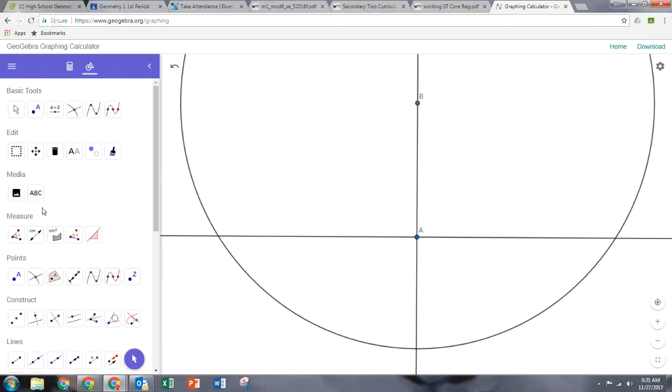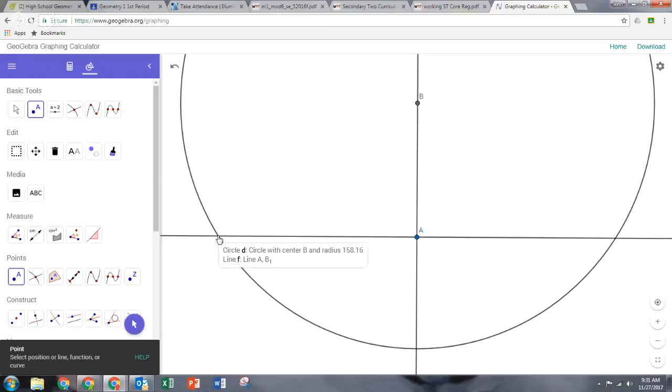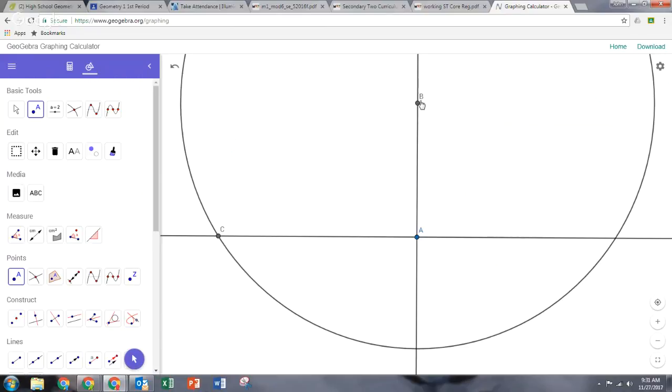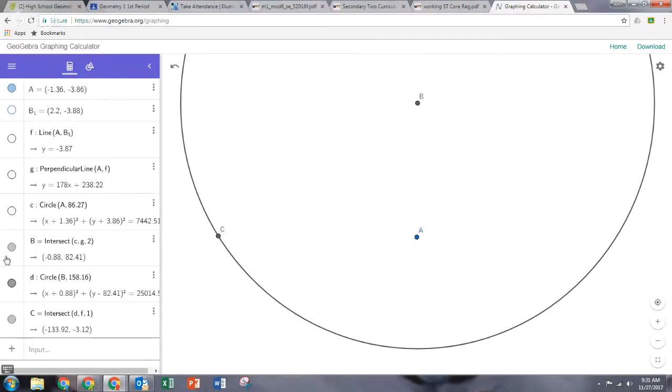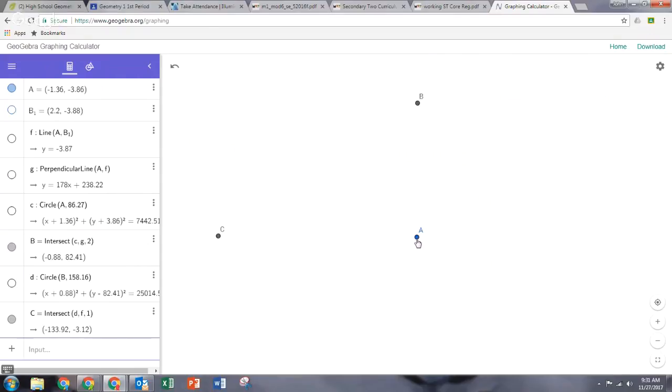So this radius was 158.16. So when I make this point, I know the distance from B to C. And there's all the points I needed. So let's get rid of all this extra stuff that I'm not using now. All I need is points A, B, and C. Those define my model.